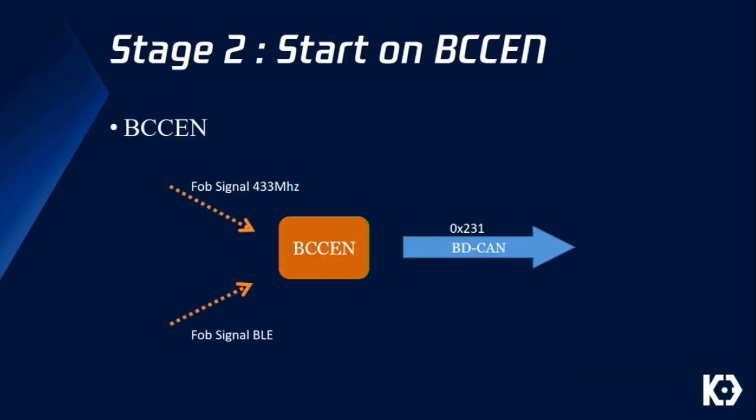And when we checked the details of the BCM, we noticed that the Model X fob has 2 kinds of signal. The first kind is a very traditional signal, the 433 MHz. And another signal is BLE.